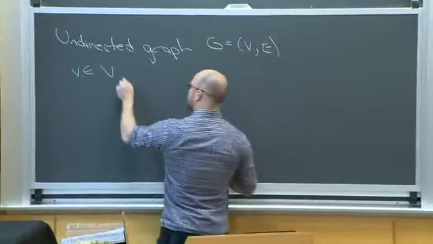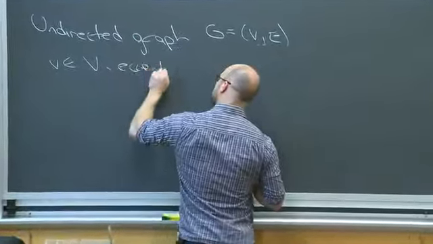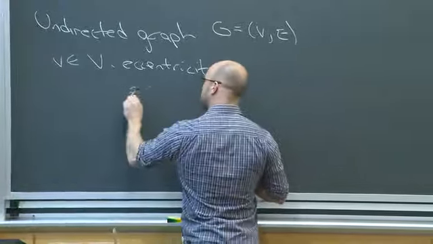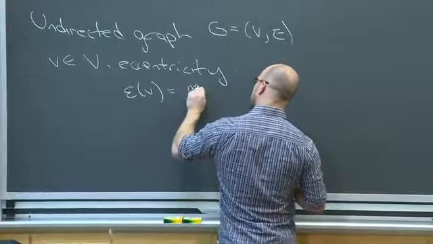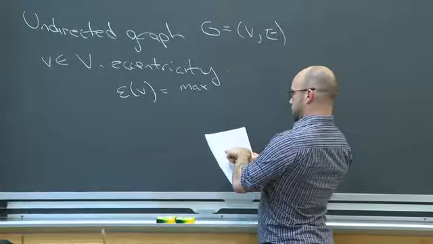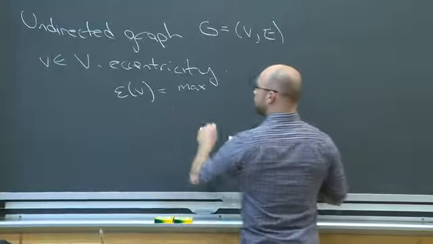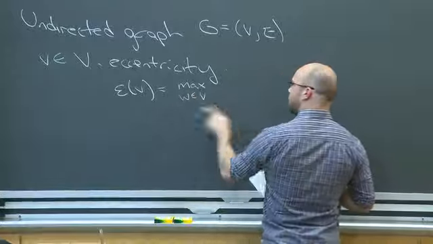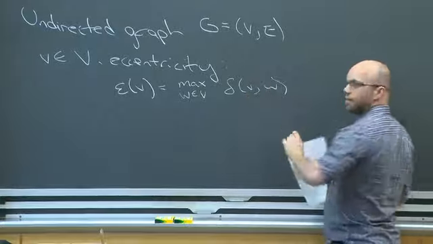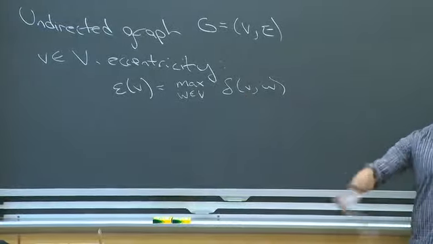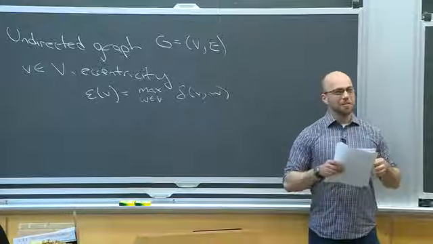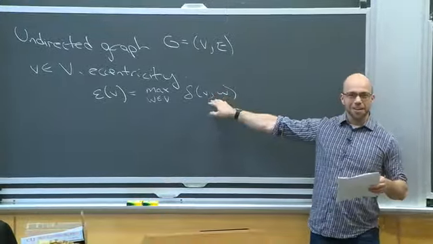It is given by the max over all the other vertices W of the distance from V to W. So I'm standing at a point on a graph, and I make a loud noise, and the last person to hear me, the distance to him would be the eccentricity of that vertex.